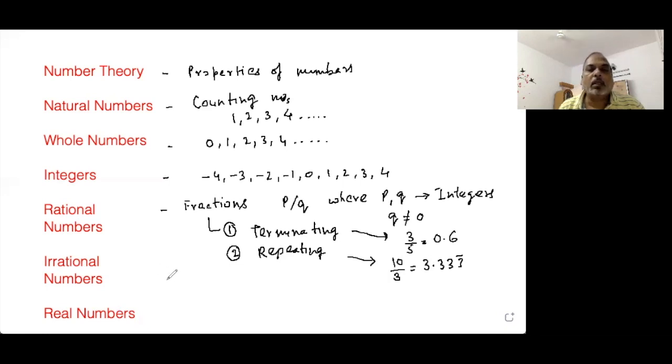Irrational numbers are basically non-fractions. These are fractions which are non-repeating.